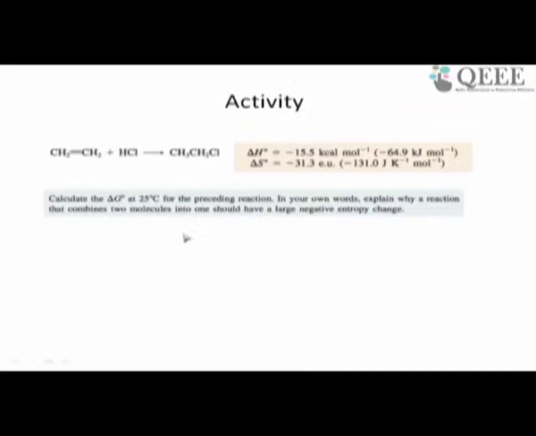So if you substitute into the same delta G equals delta H minus T delta S, delta H is given as 15.5 kilocalories per mole, and temperature is 25 degrees, which in Kelvin is 298, and delta S is minus 31.3.